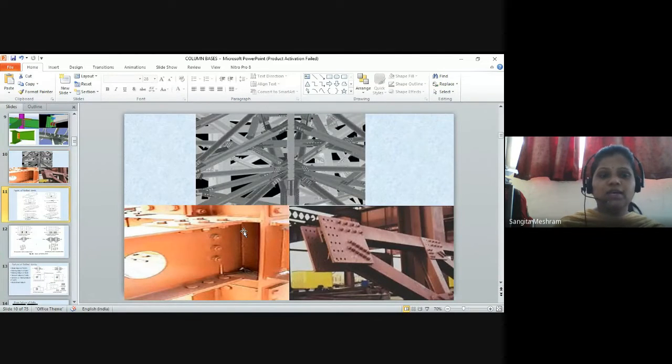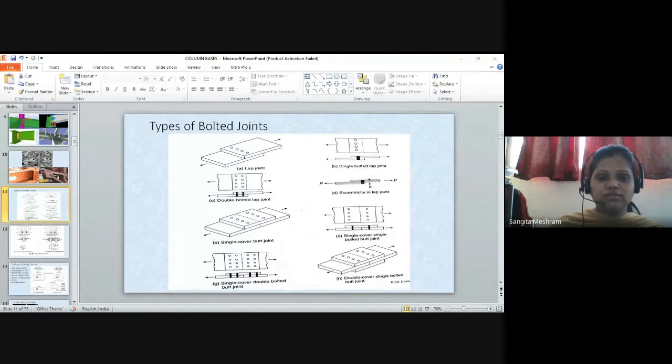Does anybody know what the advantages of bolted system are over the riveted system? Bolt and rivet, why are we using bolts as the connecting system the most? In the case of rivets, if we are using the rivets, after some time they will loosen, so we cannot fit them properly.